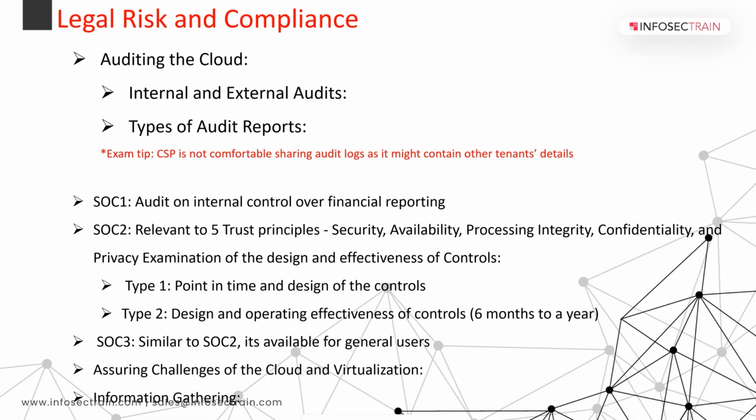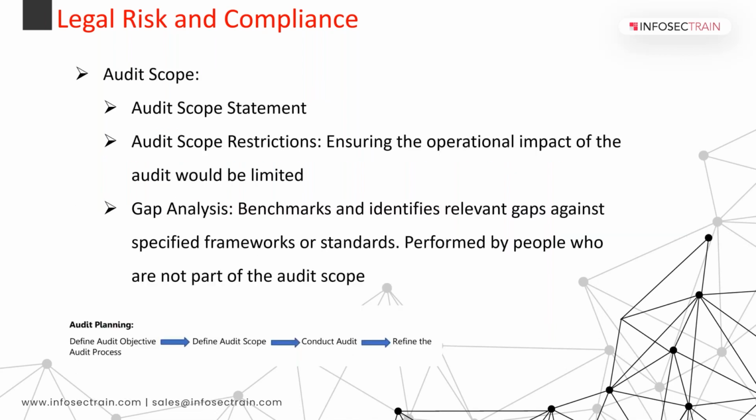When we are discussing audit, it is very important that a structure is followed for doing the audits in the organization. There has to be a clear audit scope defined, and an audit scope statement.